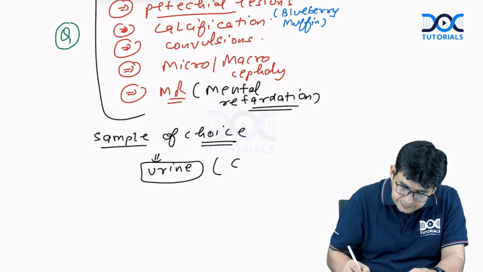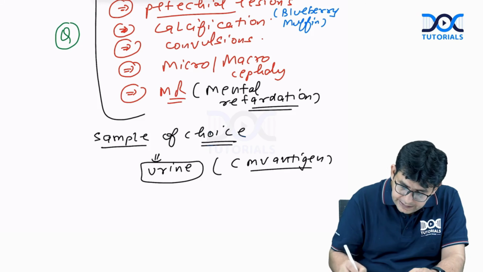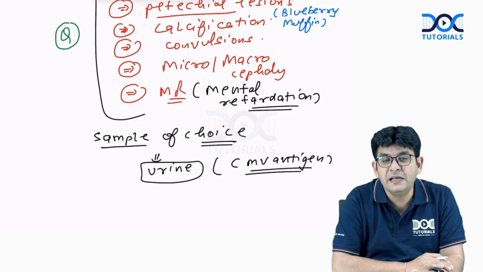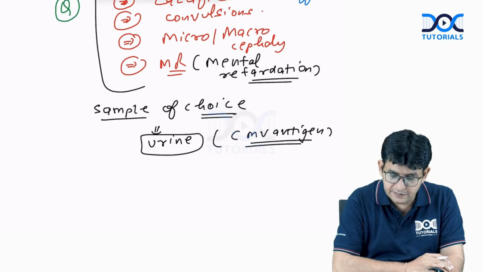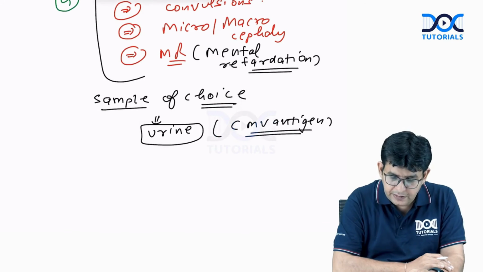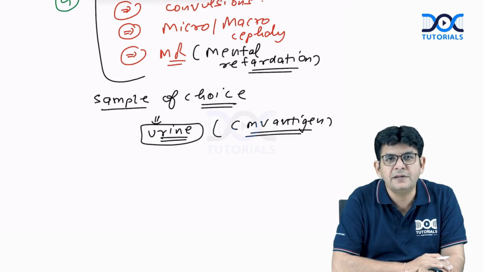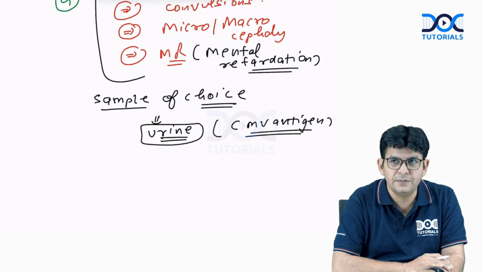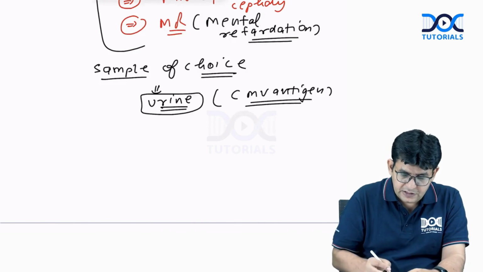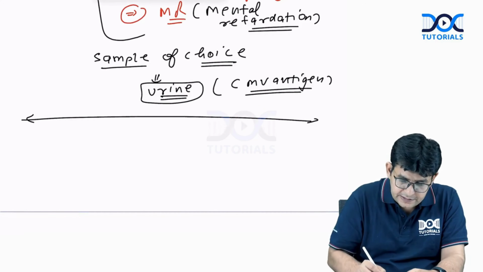And in the urine, you want to find out the CMV antigen termed as PP65. In this particular one, by various methods, you can demonstrate that by ELISA. Okay. And a number of others are also available by which you can find the CMV antigen in this particular one. Okay. Besides all this, what else you need to know regarding the cytomegalovirus?